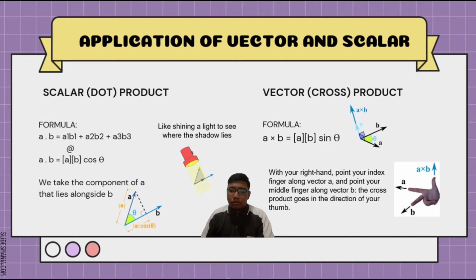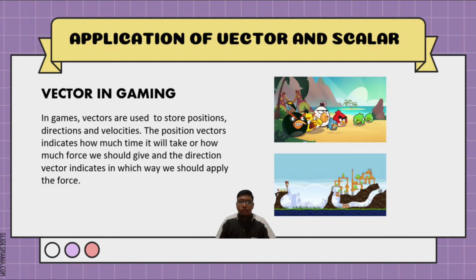The image shows how you can do it with your hand: the index finger along vector A and the middle finger along vector B, while the thumb is A cross B.